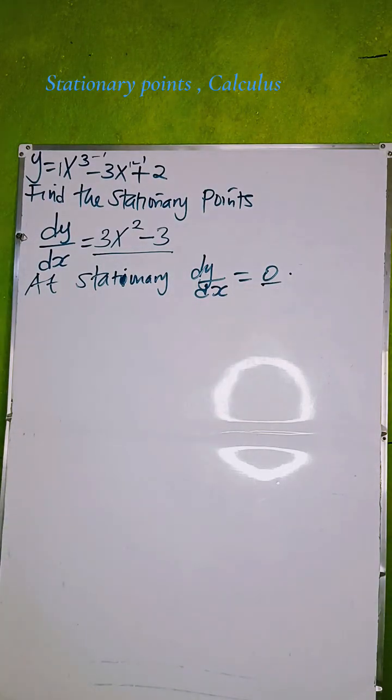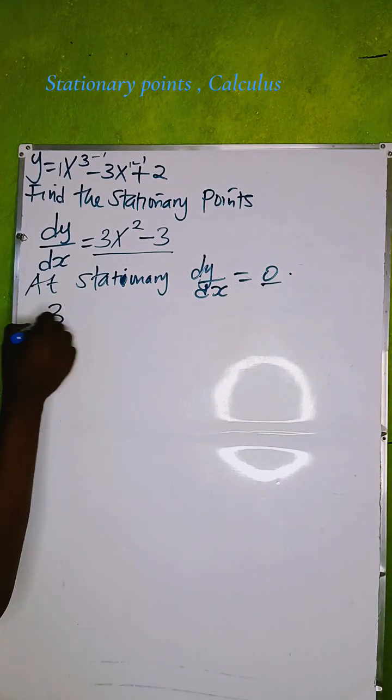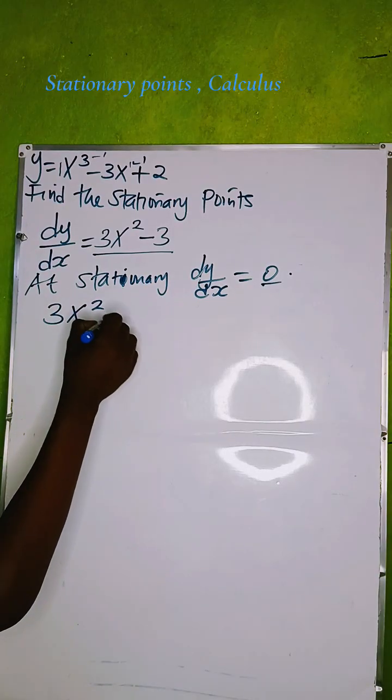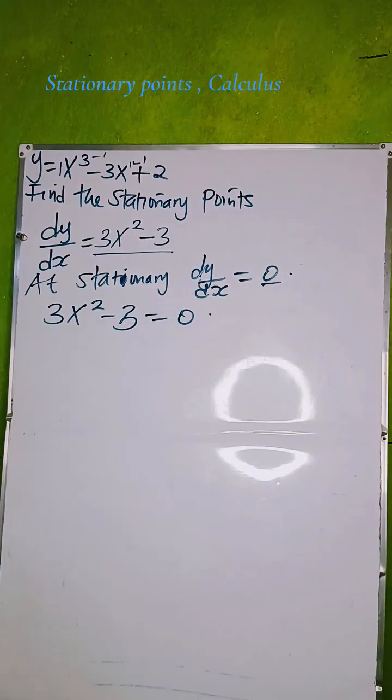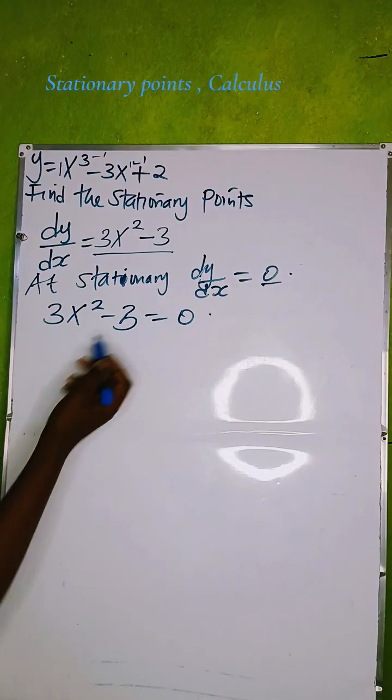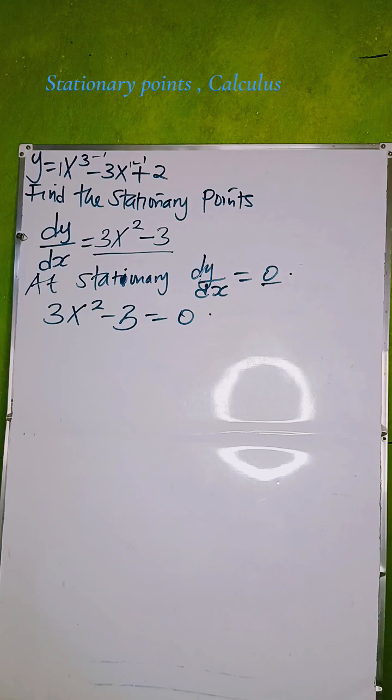So we'll have 3x squared minus 3 is equal to 0. So we are going to solve this equation.